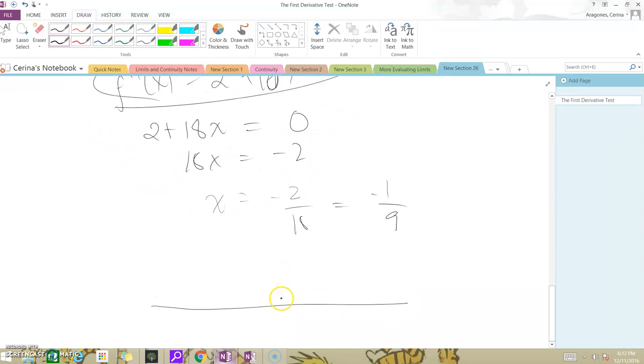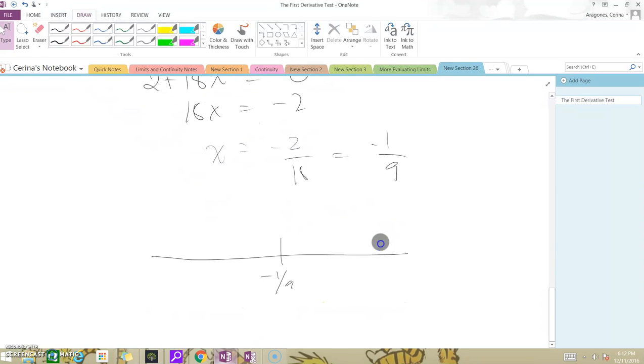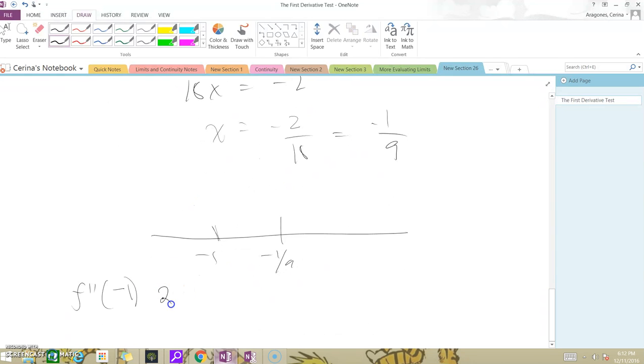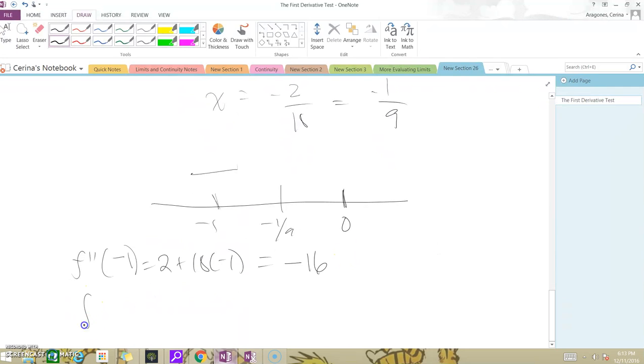We want to know if it switches signs at negative 1/9. So we want to know if f double prime is negative before, which we can check using negative 1. So f double prime of negative 1 is 2 plus 18 times negative 1, which is negative 16. And then we want to know what happens after. So let's pick 0. f double prime of 0 is equal to 2 plus 18 times 0, which is 2.